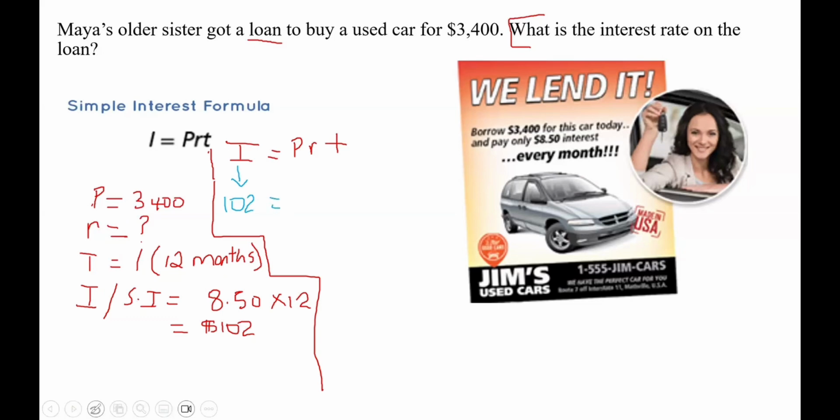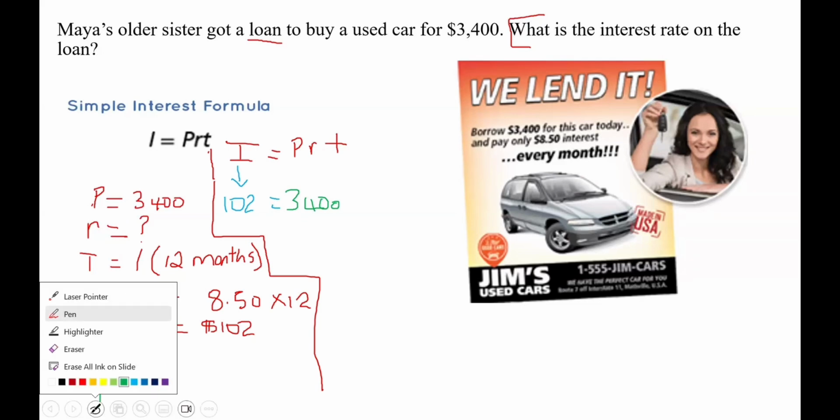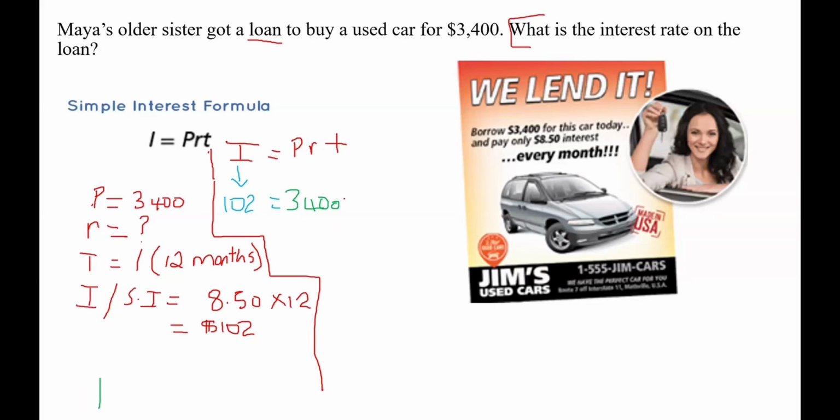P, do we know the value for P? Yes, the value for P is 3,400. Remember that P represents the principal. And remember, PRT means P times R times T. So we are going to put our multiplication symbol here to show that we are multiplying.